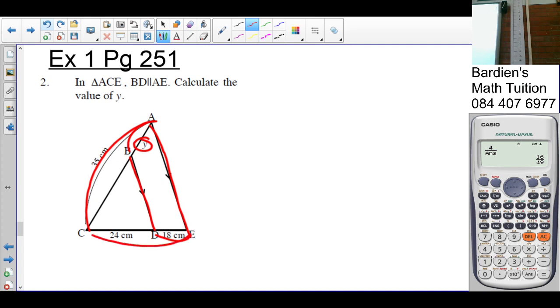Makes sense? So what do we start off by saying? In triangle ACE, again, no marks for that, this is just stating which triangle we're working in. Let's first write the ratio: AB over AC is equal to DE over CE.